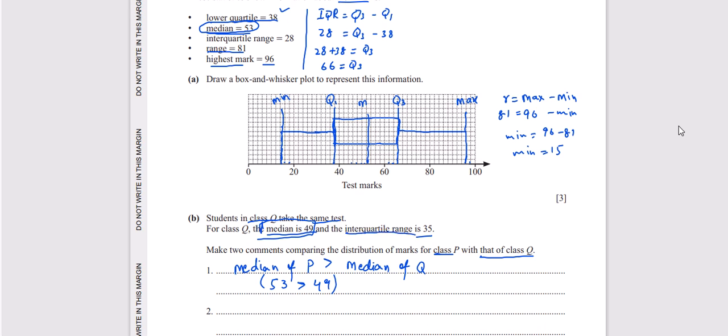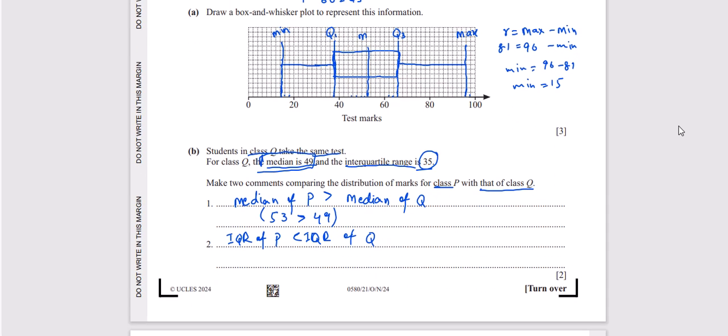The interquartile range of class P is 28 and class Q is 35. Interquartile range of class P is less than interquartile range of class Q. Okay, like this.